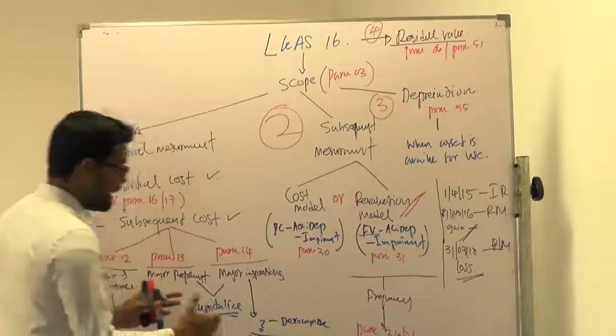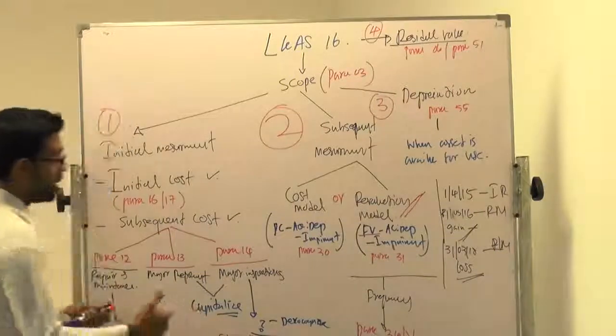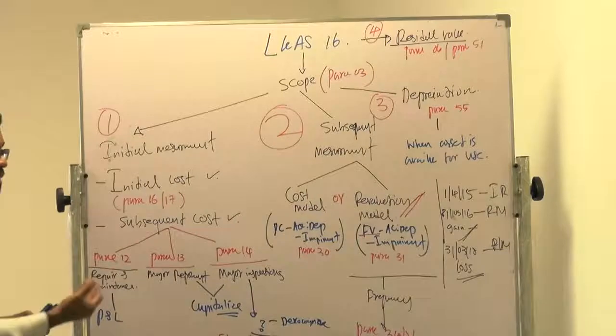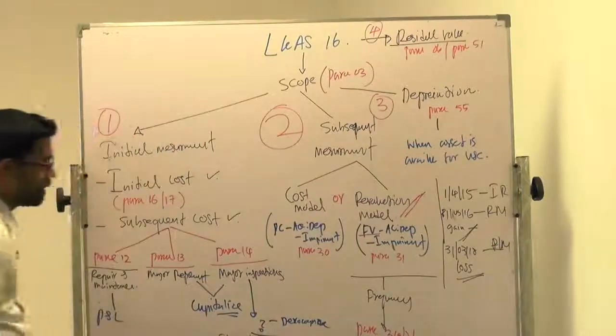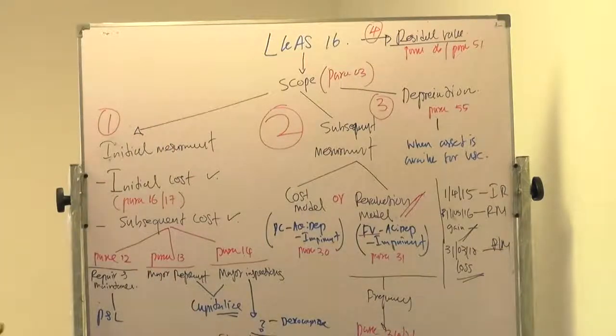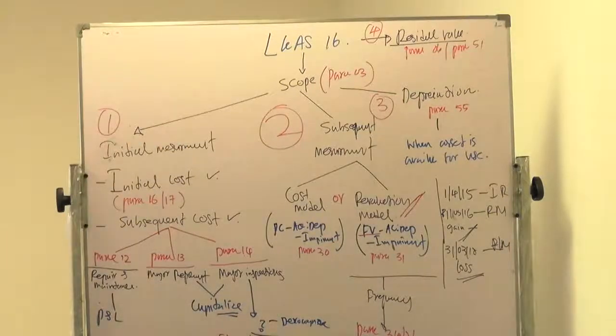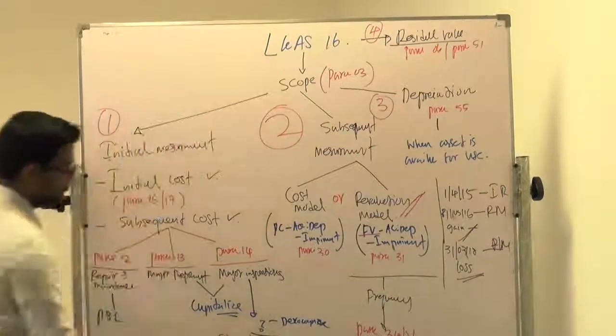If you decide to carry out the next inspection in advance, you must derecognize the previously capitalized amount relating to that major inspection, and you can capitalize the new one. That you have to understand.